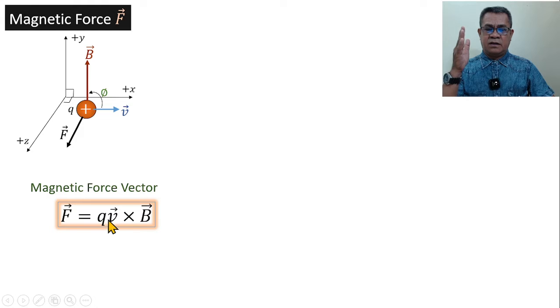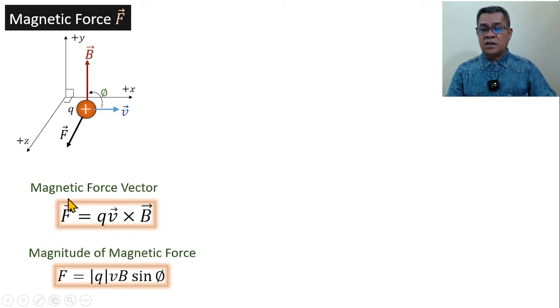It should be velocity cross B, because if you reverse it, it's different from the definition. So it is coming from the velocity, we take the cross product of that towards the magnetic field. That's why the angle must be coming from velocity towards the magnetic field.